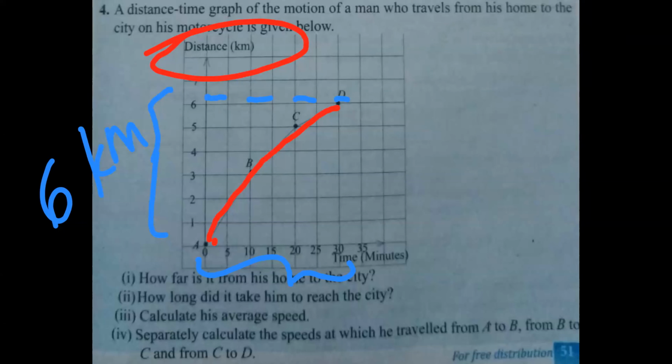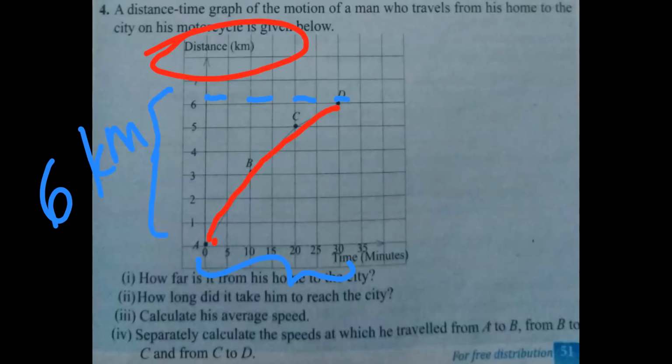Did you find it? Right, we'll see. You can get the answer in kilometer per minute. 6 kilometers divided by 30 minutes.